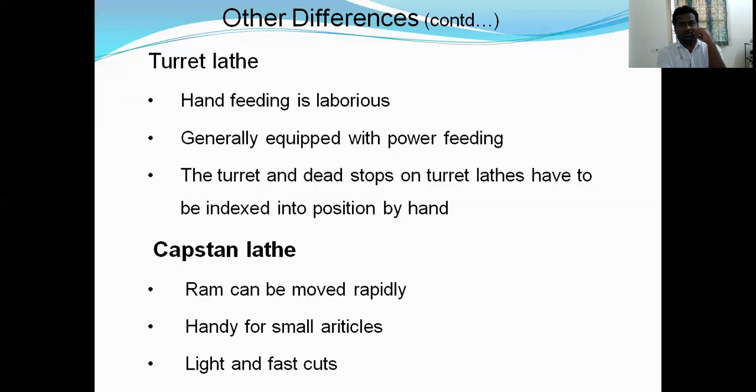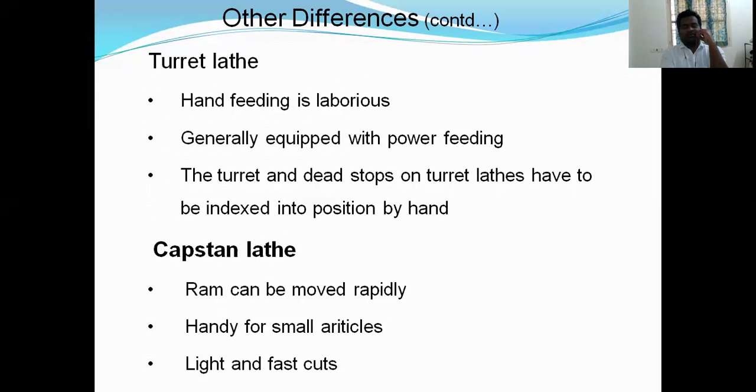Right? So here, in the turret lathe, indexing is done by hand itself, but in the capstan lathe, indexing is done automatically. In the turret lathe, heavy jobs and complicated jobs can be done.